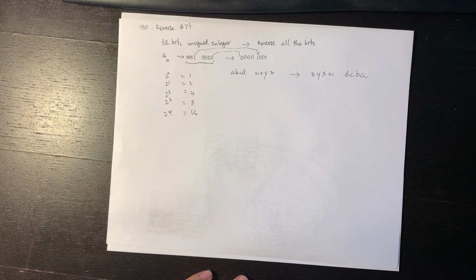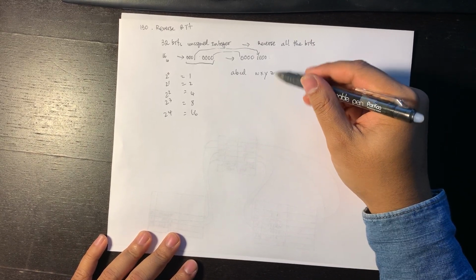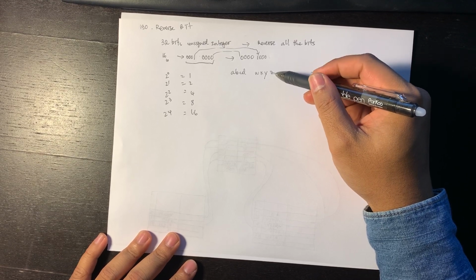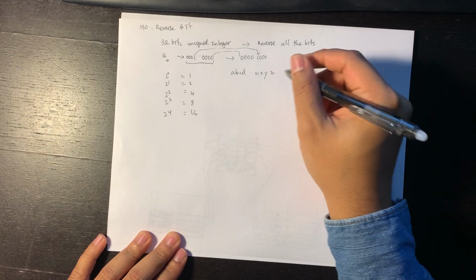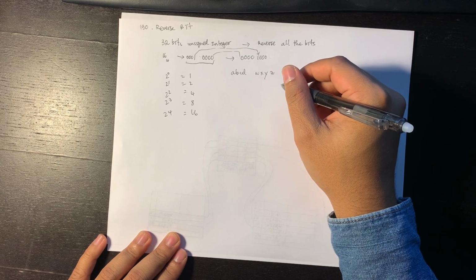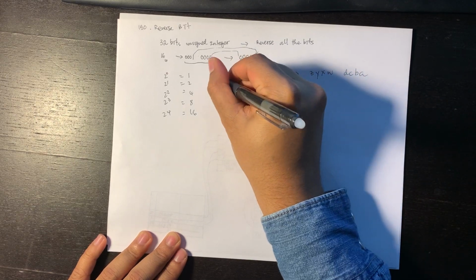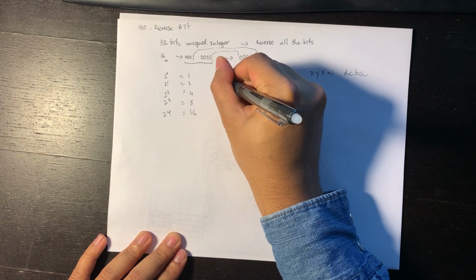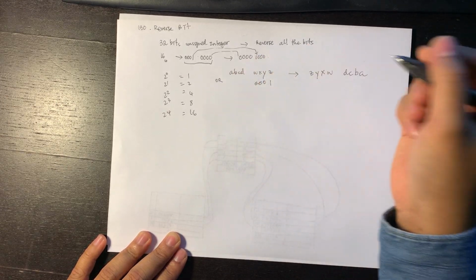How am I going to do this? Maybe we should go through the whole integer and get all the information. So we want to do a for loop and then OR it with 0 0 1.